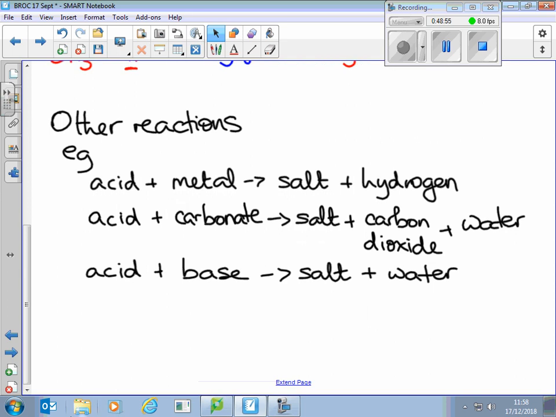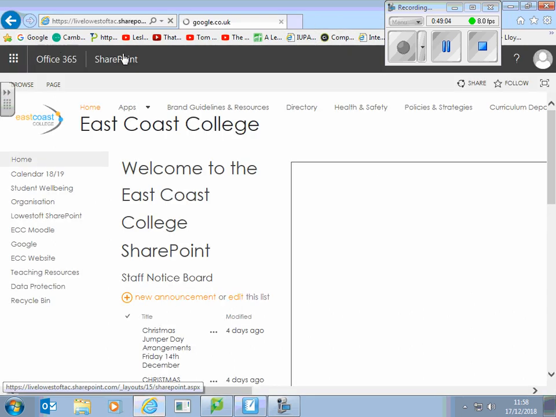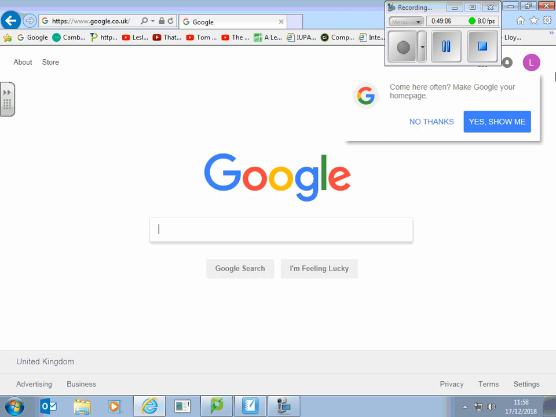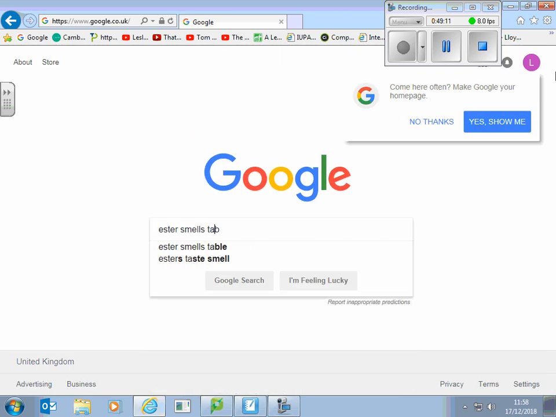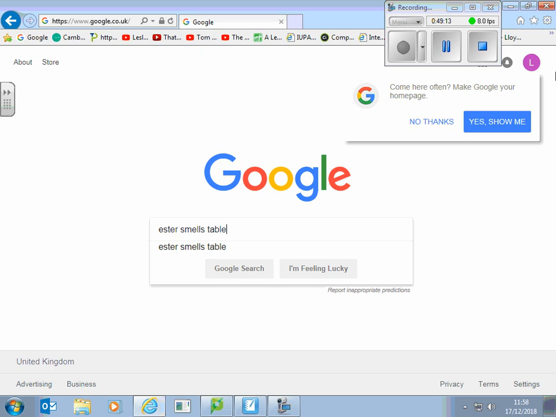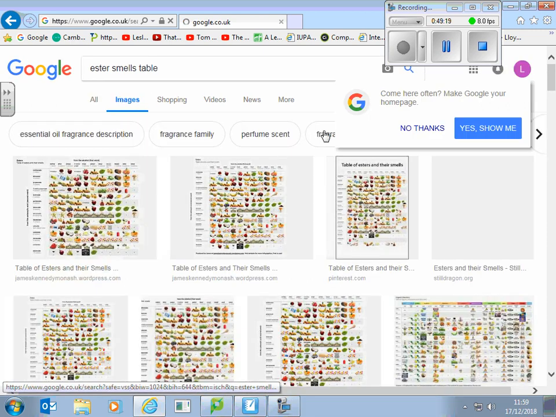All right, let's just tidy this little bit off by thinking about the smells thing again. And if I put ester smells table, that sounds really odd, but I think it will know what I want. Yeah, there they are. We did look at a big one of these, didn't we, that looked at a whole lot of organic compounds.